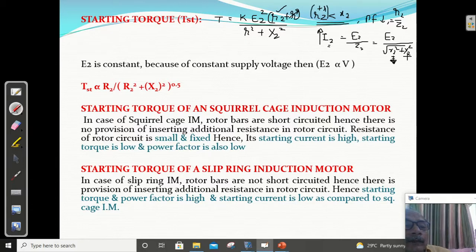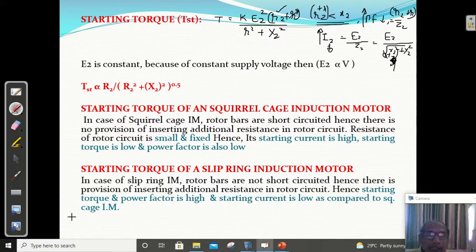And if R increases, the power factor will increase, and the current will decrease. Sorry, if R increases, the current will decrease. So you can reduce the starting rotor current. Clear? If you insert the resistance, you can increase the power factor.